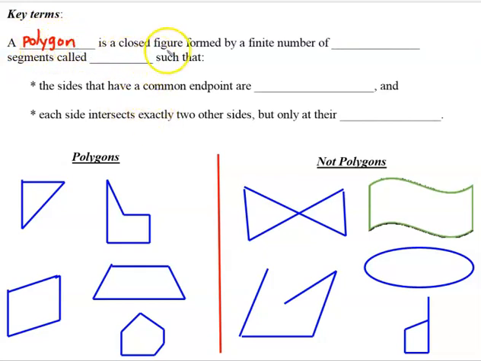A polygon is a closed figure formed by a finite number of coplanar, right, on the same plane, segments called sides, such that, and then we have two follow-up statements to complete this definition, the sides that have a common endpoint are non-collinear.